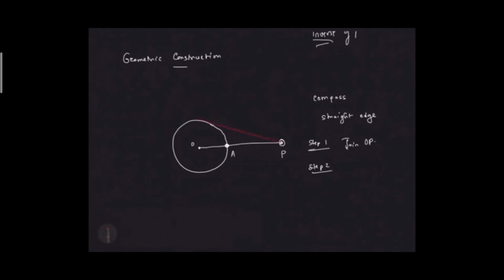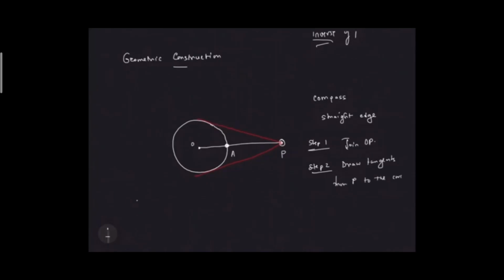Step 2 is, from the point P, draw a tangent line to the circle. You can draw two of them, like this, the red ones.